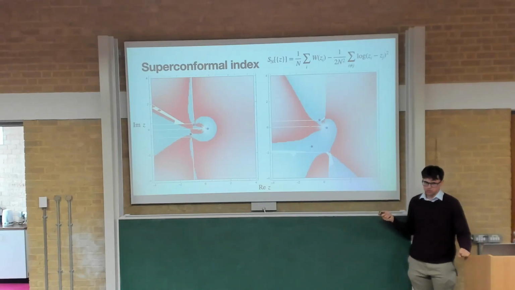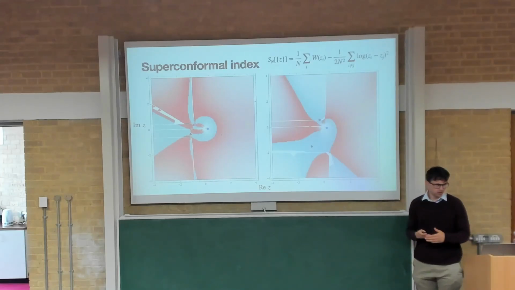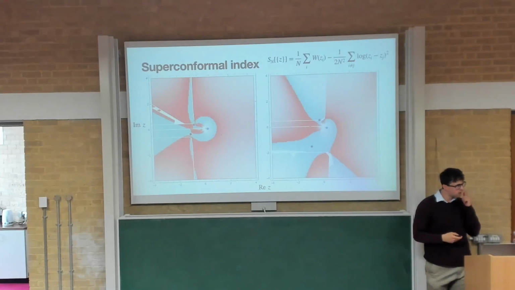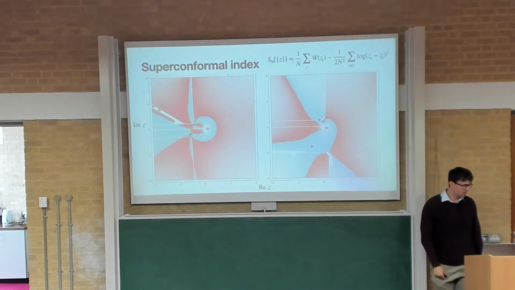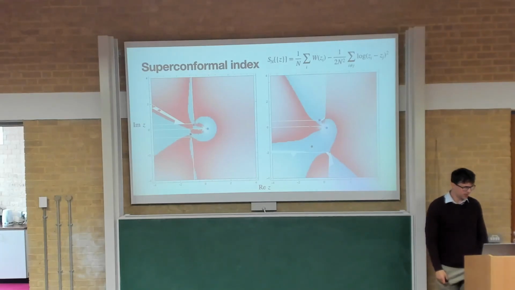These represent the saddles in terms of the eigenvalue distribution. That's something I would speculate on later, but it would be interesting if we can make that identification.